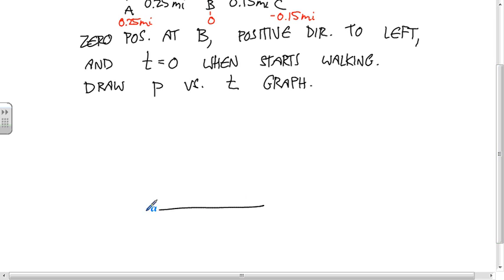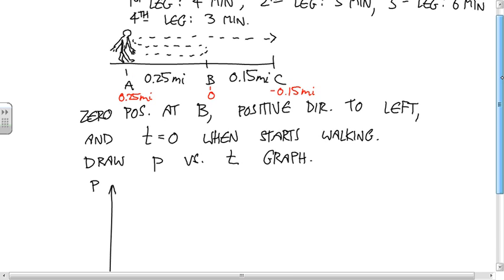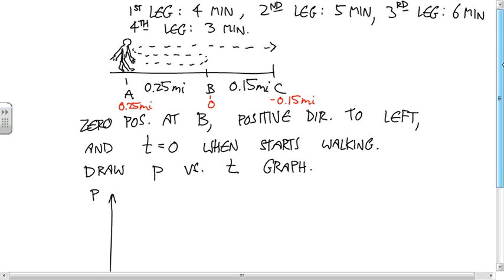So now to graph it, there's position. Time is this way. And we know this time just keeps adding up. So there's going to be 4 minutes, 9 minutes, 15 minutes, 18 minutes total.